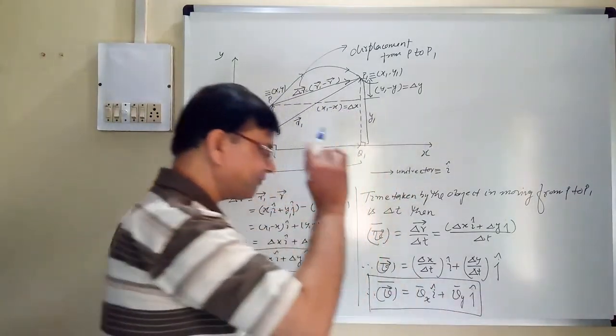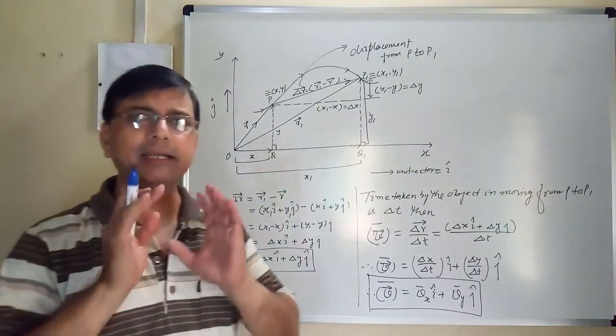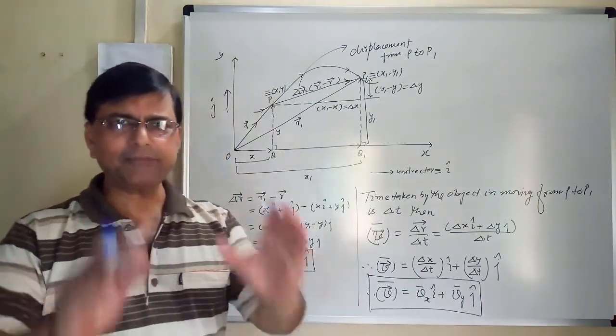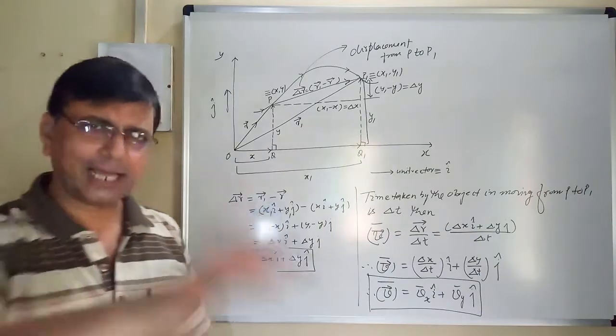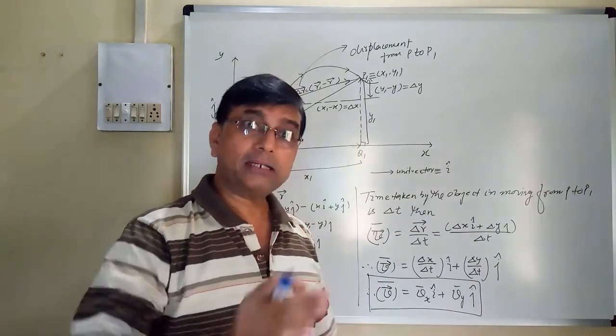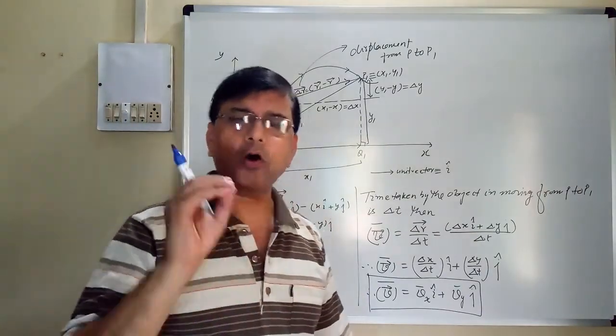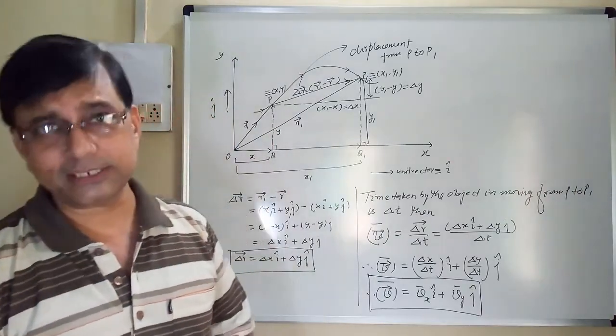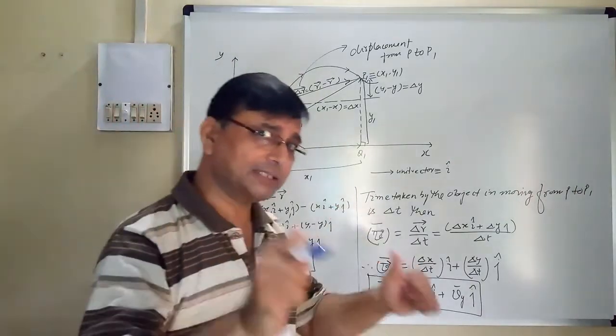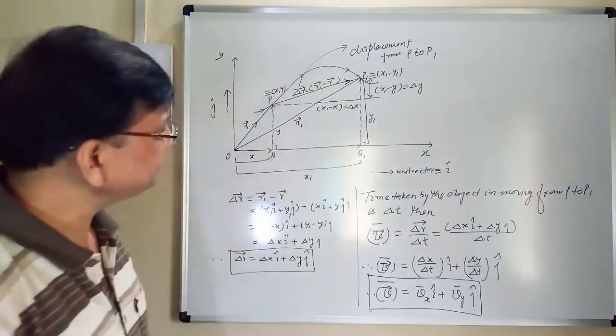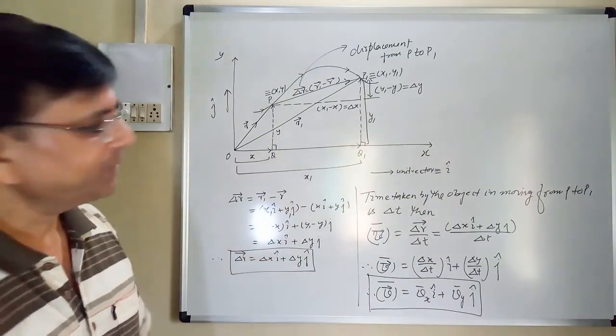So we will proceed further to the instantaneous velocity. The significance of instantaneous velocity I told you in the last lecture, but the geometrical interpretation of instantaneous velocity is required to be understood. My dear friends, remember, it's very important. Instantaneous means what?